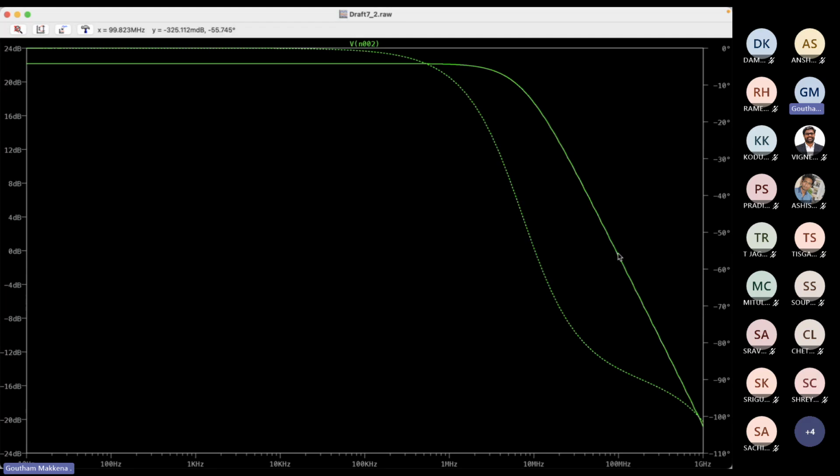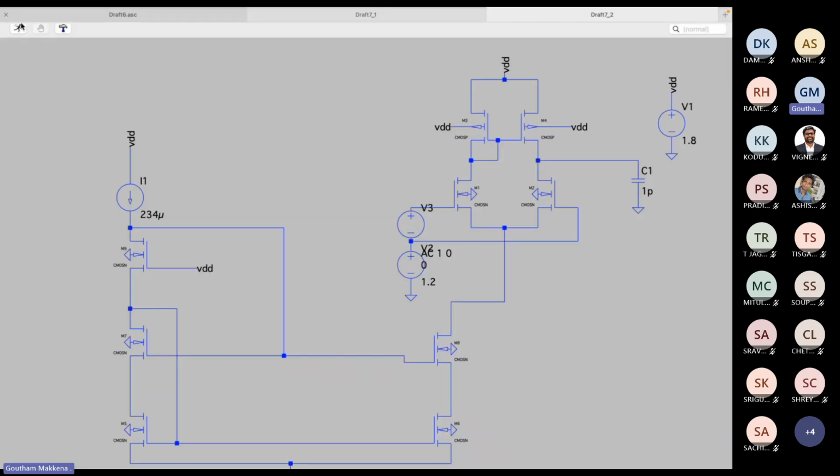GM is the one that we are varying. So it is minus 0.3 dB, much better compared to the previous case where we had minus 0.5 dB. We improved it a little. Minus 0.3 dB variation is not a big variation compared to 0 dB. So it looks fine to me.